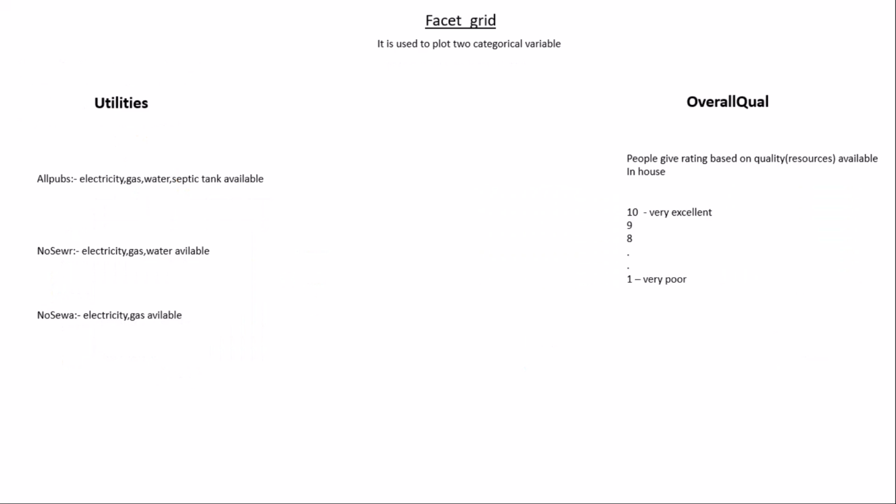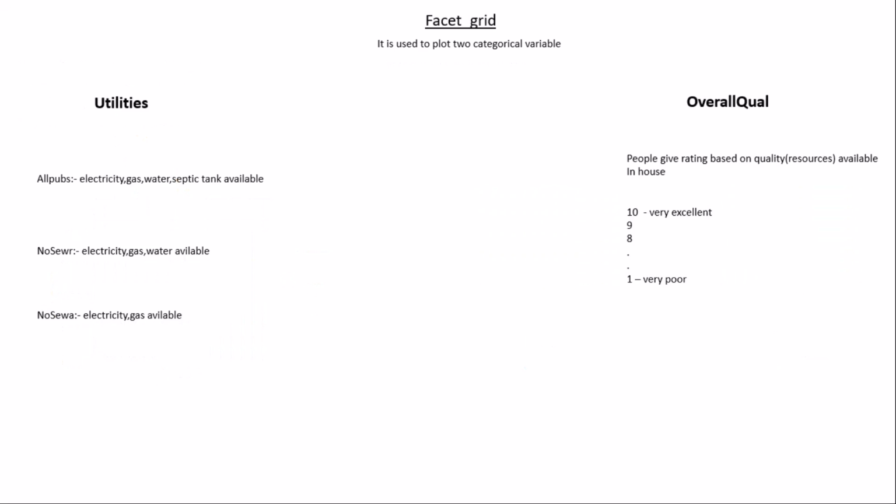Facet grid is basically used to understand two categorical variables. I am choosing Utilities, a categorical variable available in the dataset, and OverallQual. This is a rating people give based on the quality, meaning high quality material used in the house and lots of facilities available.